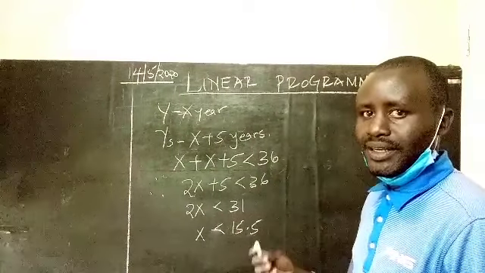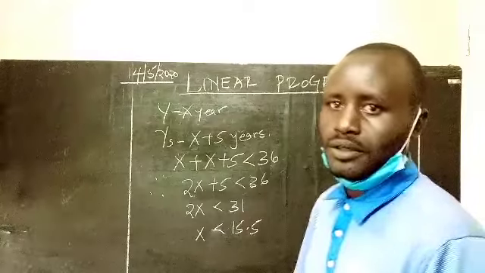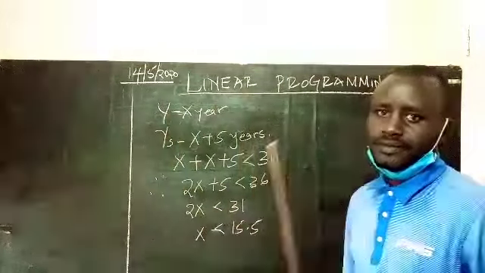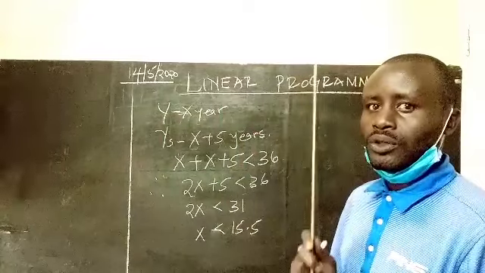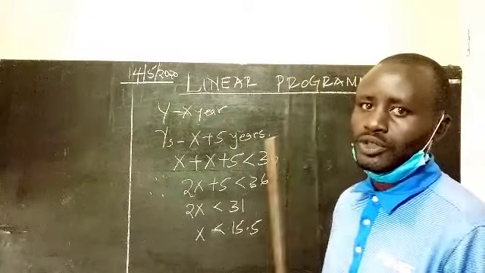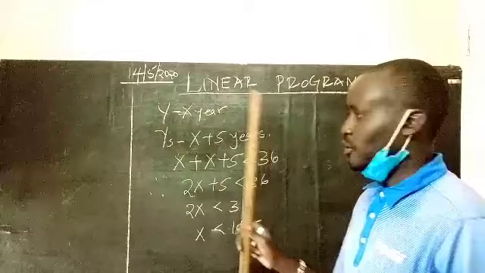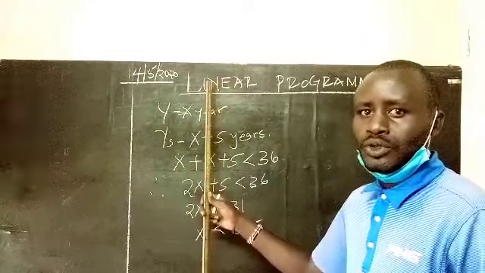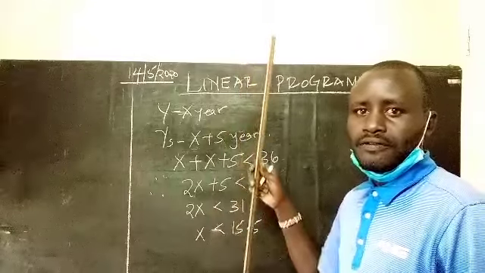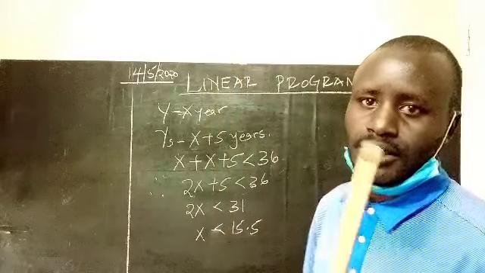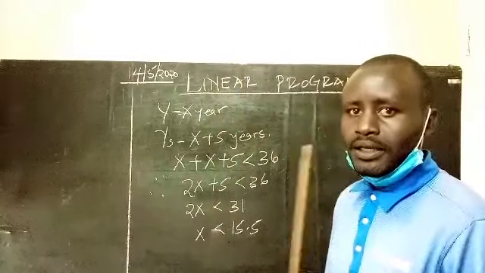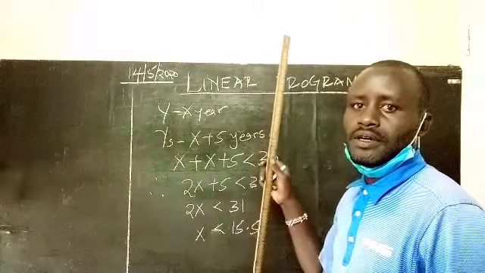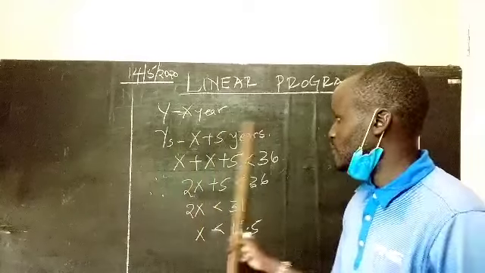So this is how to form linear inequalities. We formed linear inequalities in a real life situation where we are talking about Yona having x years. You don't know the age of Yona, so you let that be x. But you know that Yona is 5 years younger than the sister, meaning the elder sister is x years plus 5 years, giving us x plus 5.